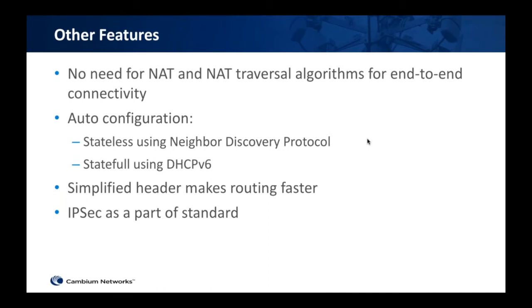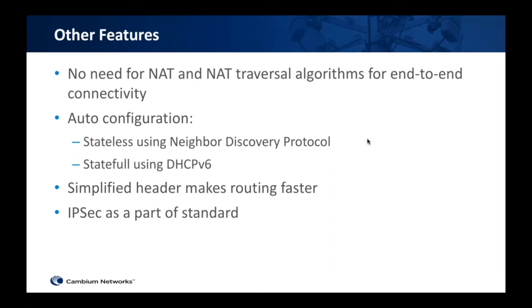So to make it easier to connect, we can give a unique IP address to each and every device in the world. And you don't need any network address translation. You don't need any network address translation algorithms.